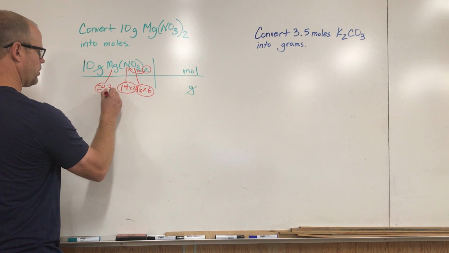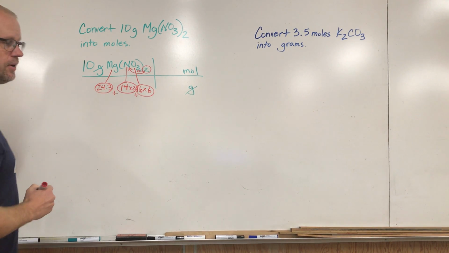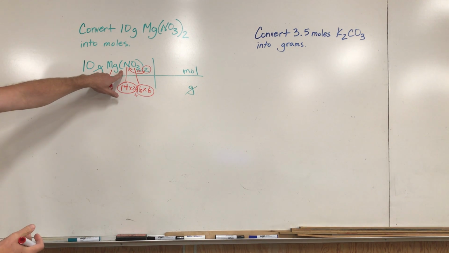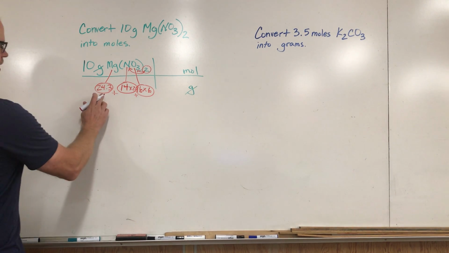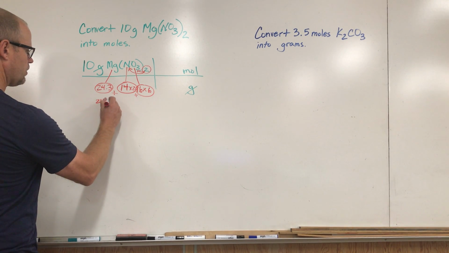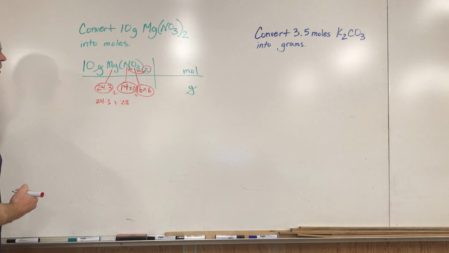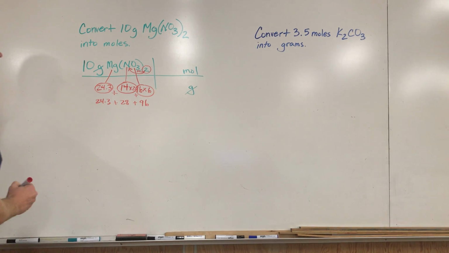And then I have 24.3 over here. I have to add all of those together to get the overall molar mass of magnesium nitrate, how much 1 mole of this substance would weigh. Okay, so when I add these together, I got 24.3 plus 28, because that's 14 times 2, plus 96, because that right there is 16 times 6.